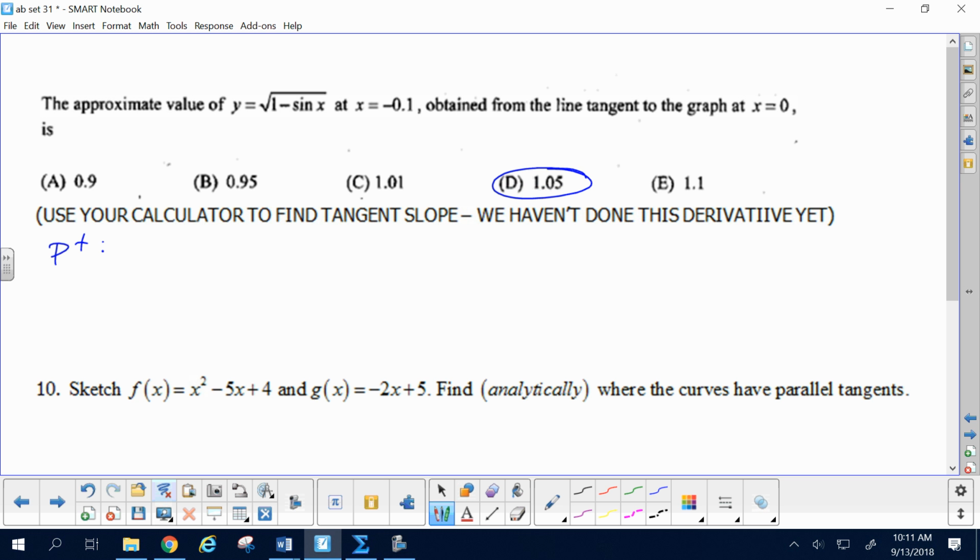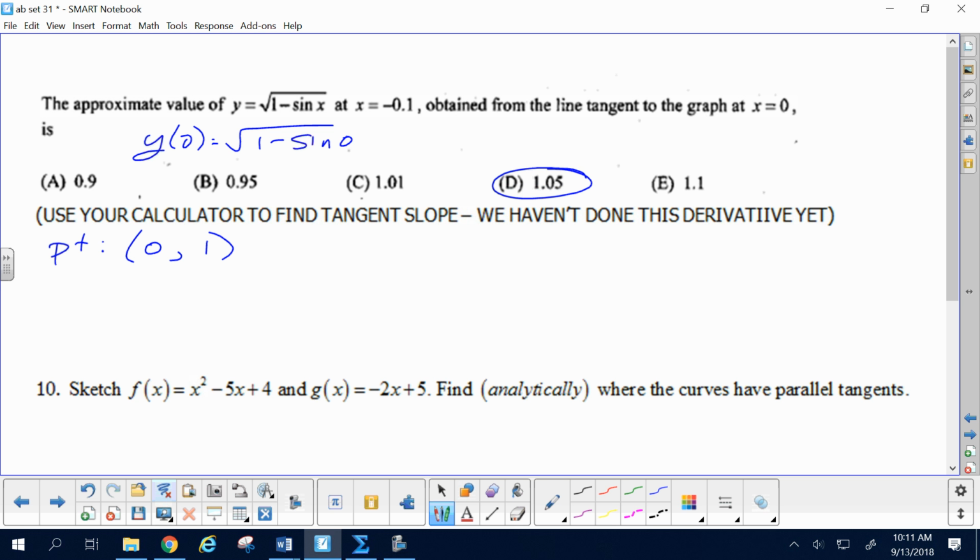Use the clean point for your point. The point is 0. And what's the y at 0? 1 minus sine of 0 is 0 there, but square root of 1 minus 0, so 1. The point is (0, 1).